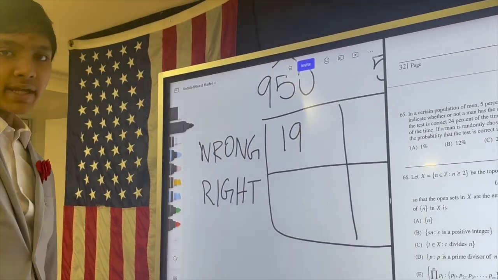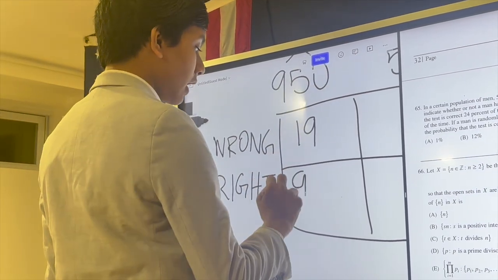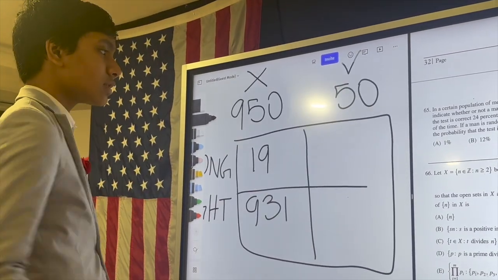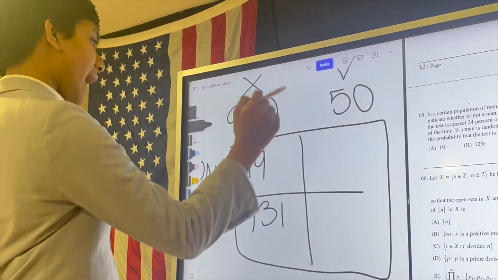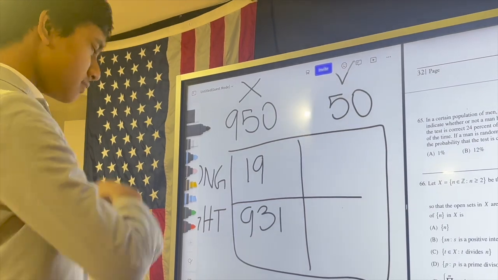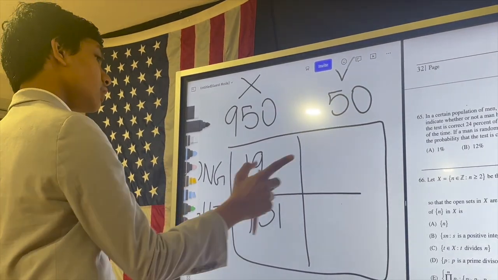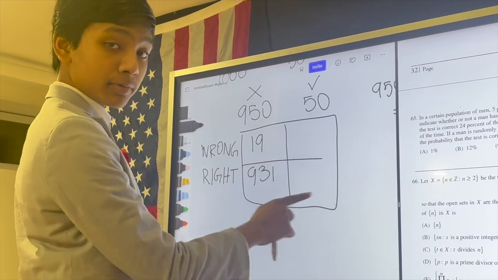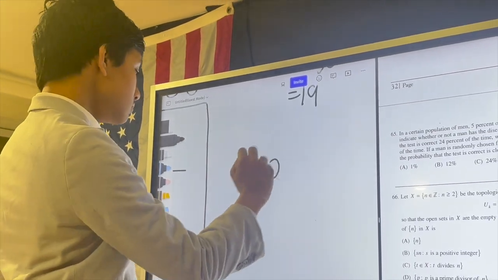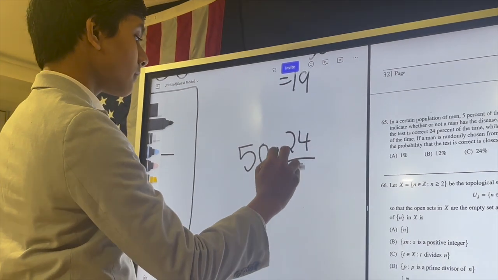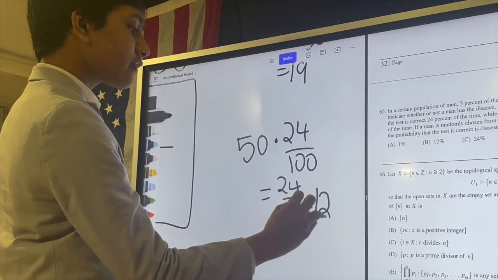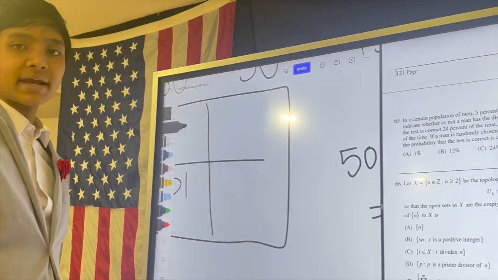So the test goes right for everybody else, which is the other 950 minus 19, 931 people. Meanwhile, you have these 50 people. The test goes right for 24% of them, which means only 12 of the infected men get the correct answer.